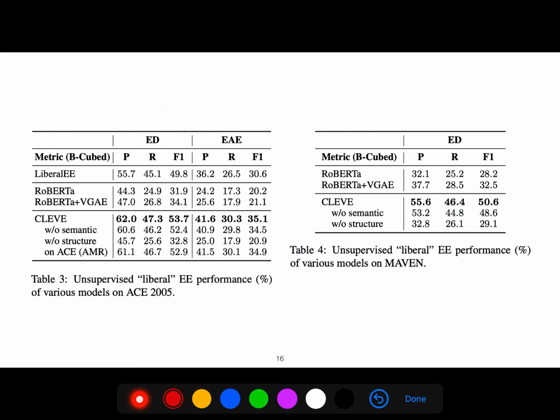And then you see the F1 score for CLEVE is just 50%. Of course, this is the unsupervised event extraction performance.